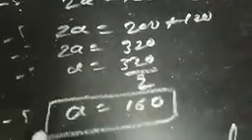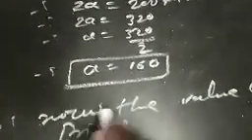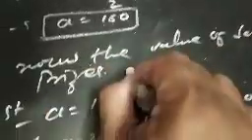So on the basis of this value of a, we find the 7 prizes. The first prize a is equal to 160, and the second a minus 20, so 160 minus 20, 140.